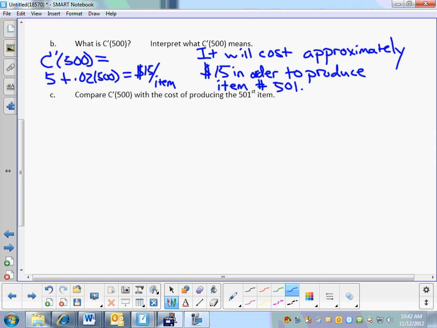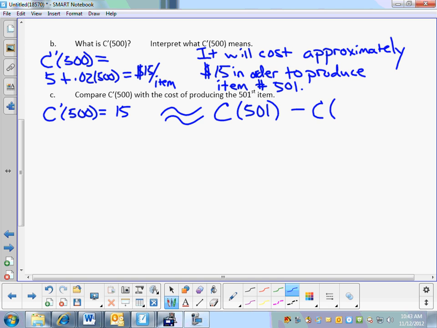So, here's what we know. C prime of 500 is equal to 15. We know that that is approximately the cost of producing the 501st item. So what I'm going to do is figure out the cost of producing 501 items, and then subtract off the cost of producing 500 items.